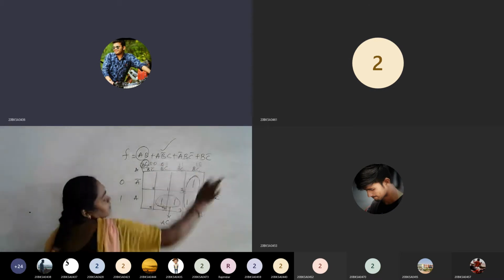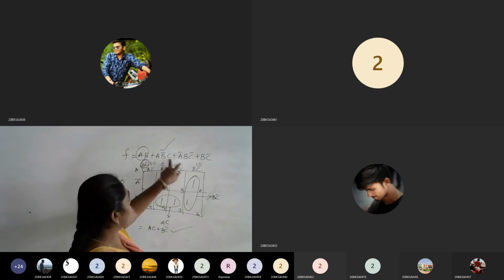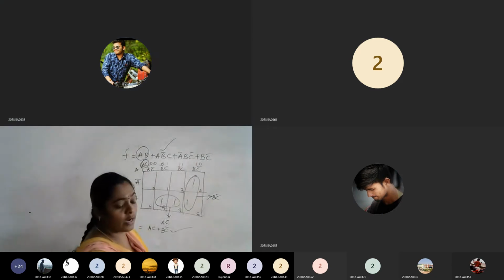How many minterms are there? 4. So 4 AND gates are required, and all those AND gates should be connected with the plus symbol. So 4 AND gates and 1 OR gate, so total 5 gates. Now tell me for this one.